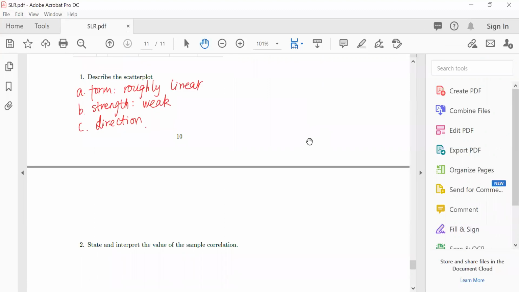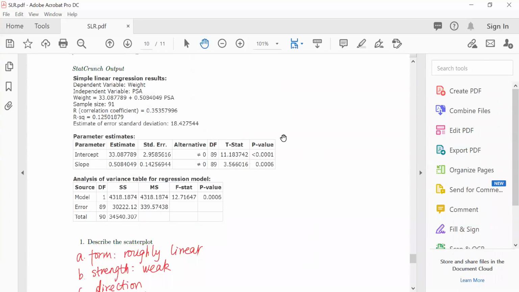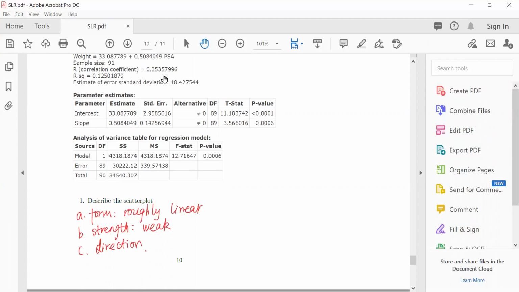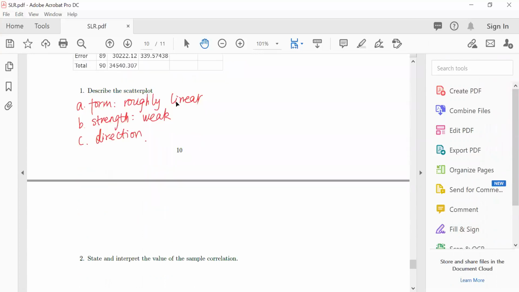Second, state and interpret the value of the sample correlation. The sample correlation is calculated here. This r, without squared, this correlation coefficient is 0.035.